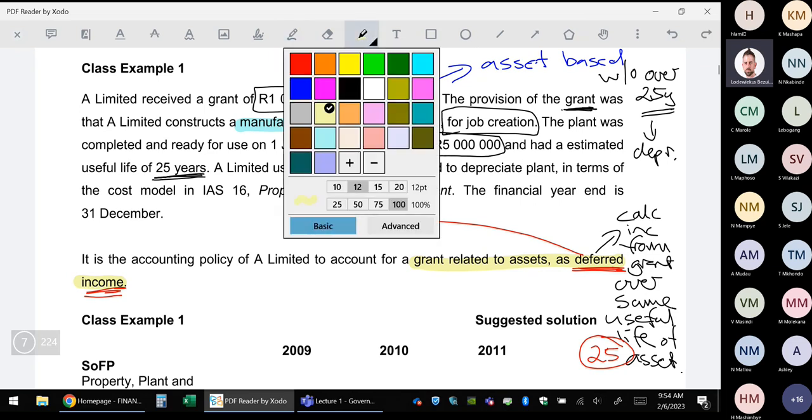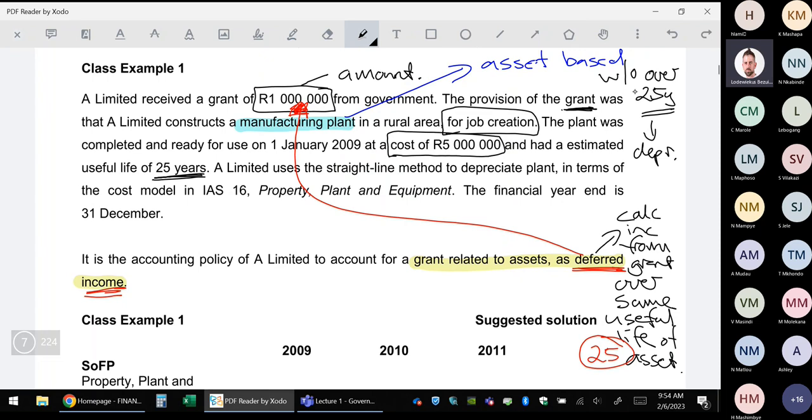So it's important that you read how we account for the grant. Is it asset-based or income-based? If it's asset-based, do you show it as deferred income or deduction of the cost of the asset?